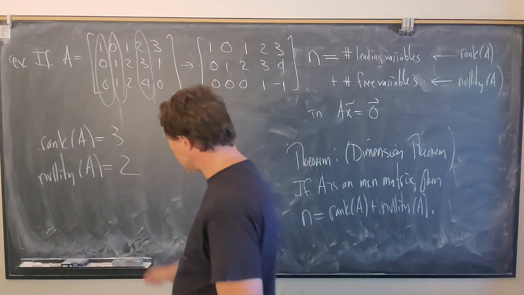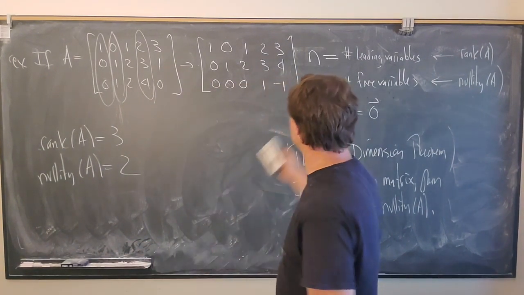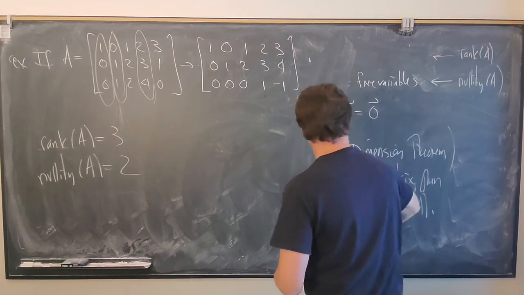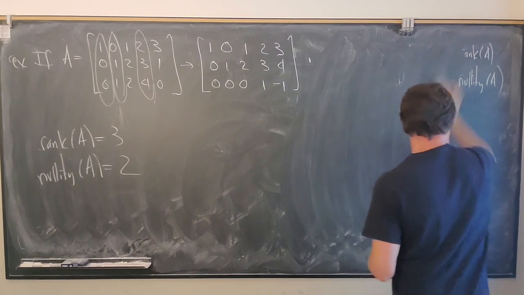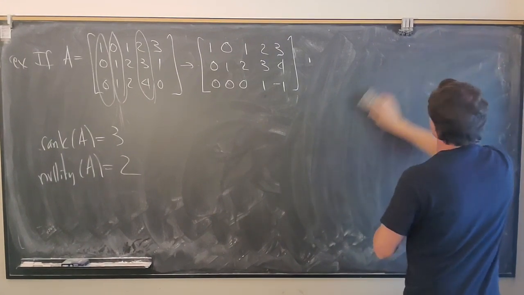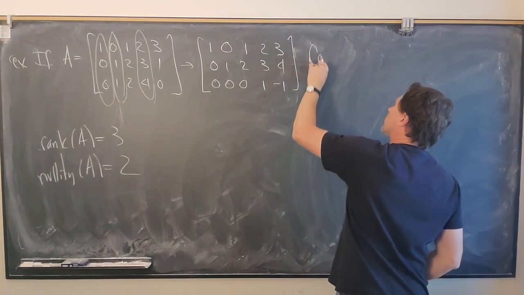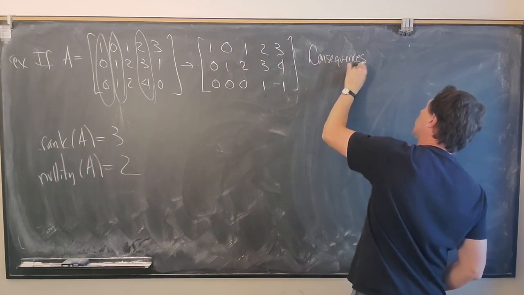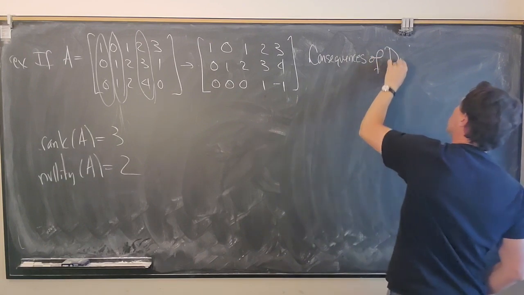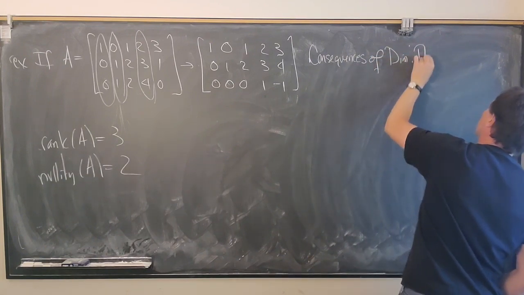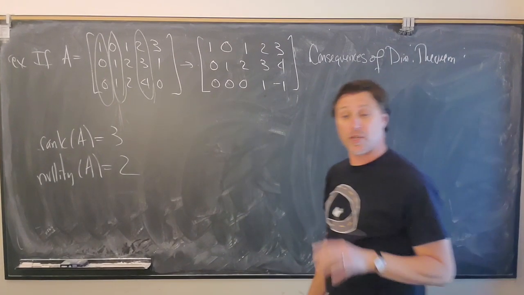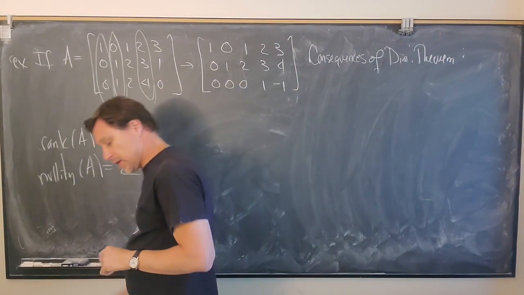Now, there's some consequences to the dimension theorem. These consequences are, we're going to add a bunch more parts to the equivalence theorem.